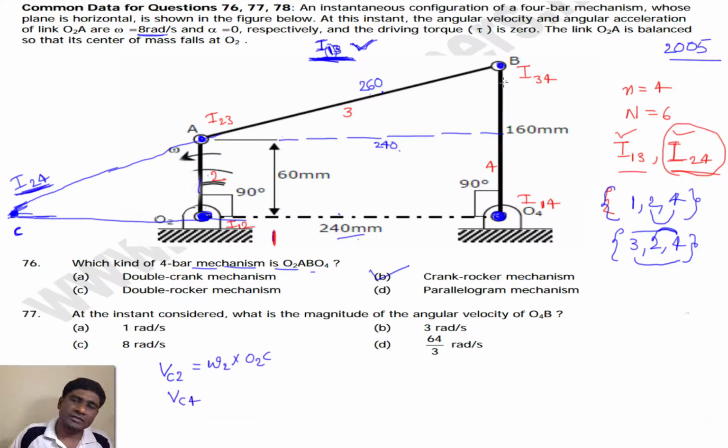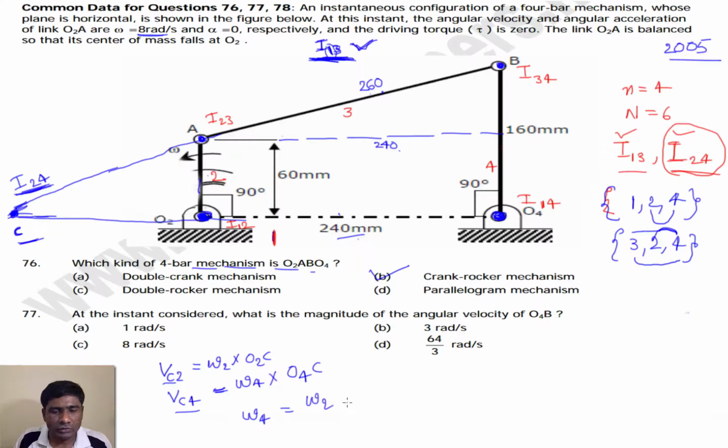Now in this case I will consider link 4 as a very expanded disk in such a way that it has this point C on it. So this is omega 4 into O4C, but we know the absolute velocity of these two links at this instantaneous center should be equal, then only the relative velocity becomes 0. So if I equate these two, omega 4 equals omega 2 into O2C by O4C.